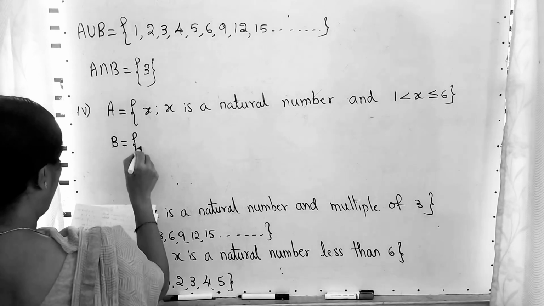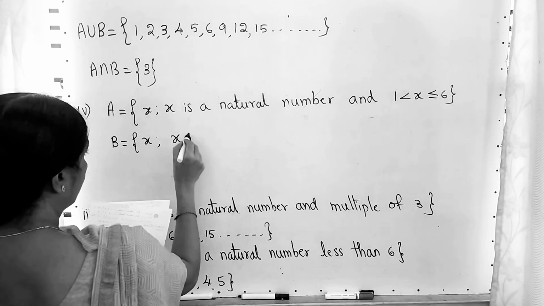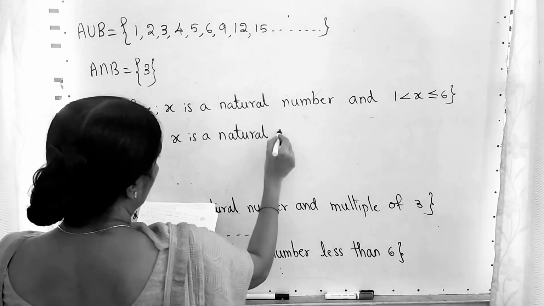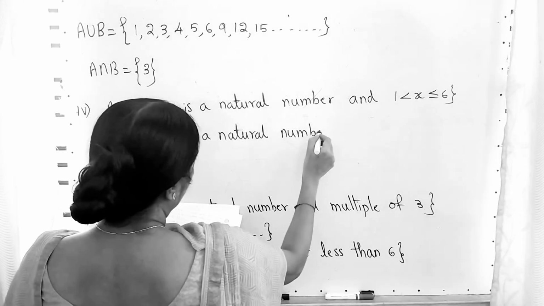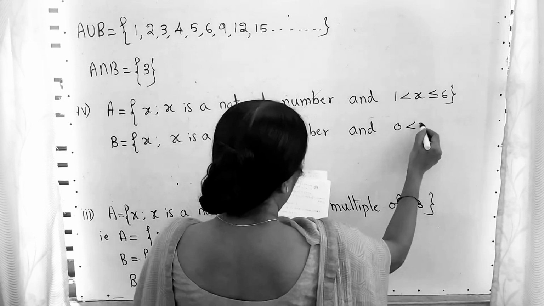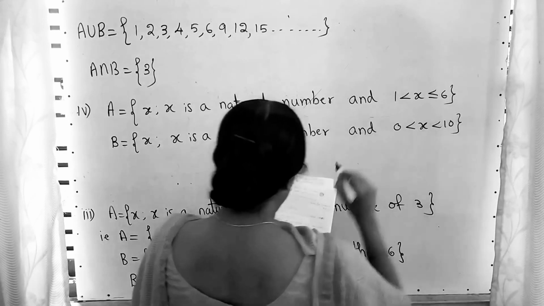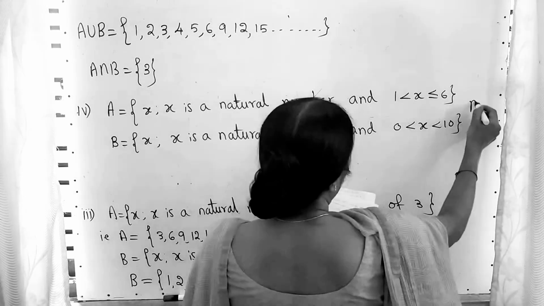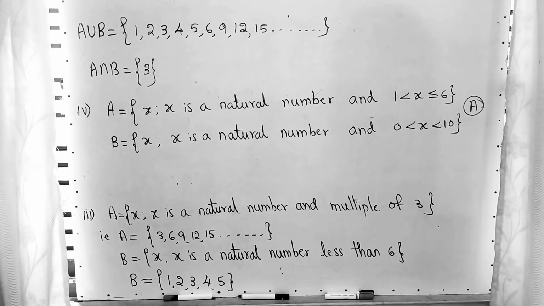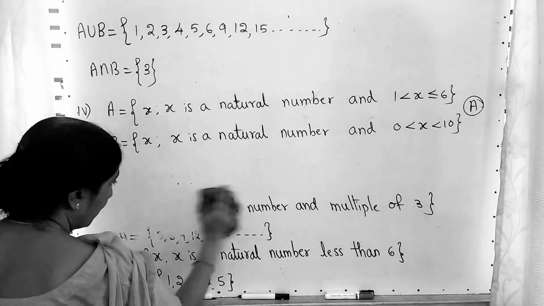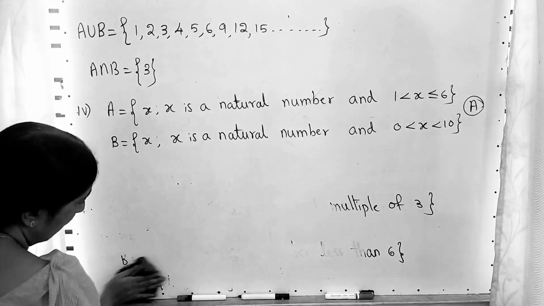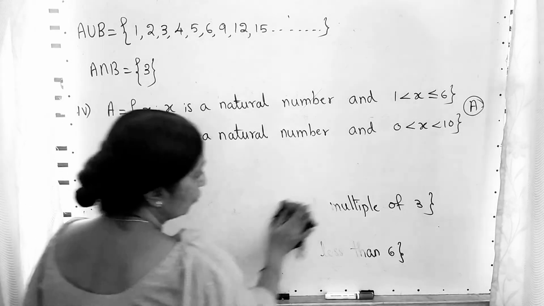And set B, again set builder form, x such that x is a natural number and it is lying between 0 and 10. So this question I am giving you as an assignment. Understood? Now moving to the next question. And don't worry, the assignment is only to make you perfect. I will explain each and every assignment question in the next class.